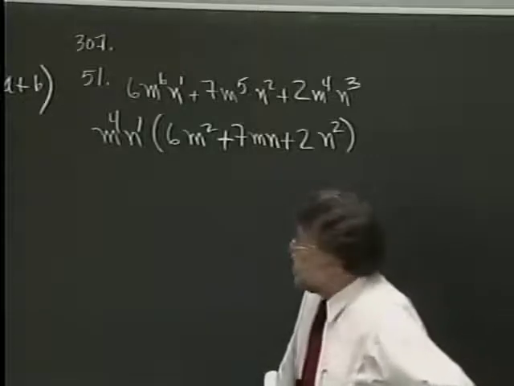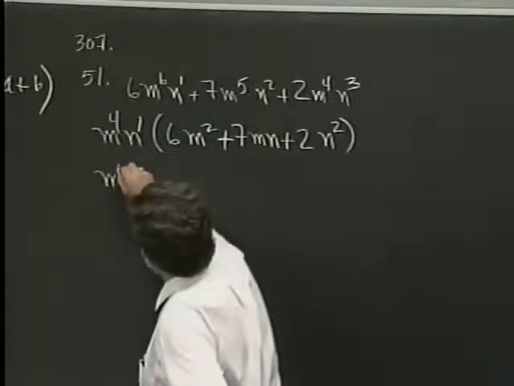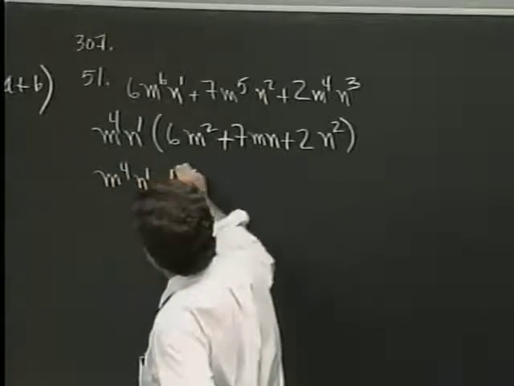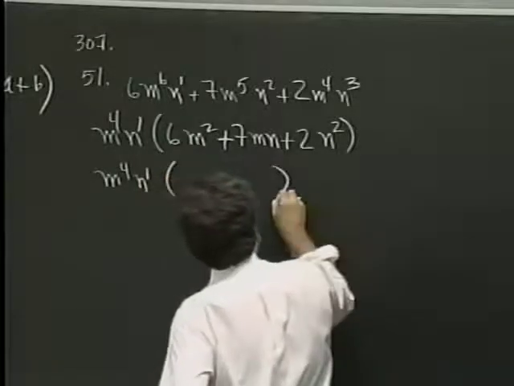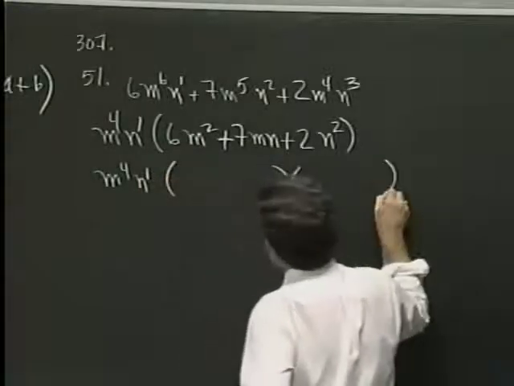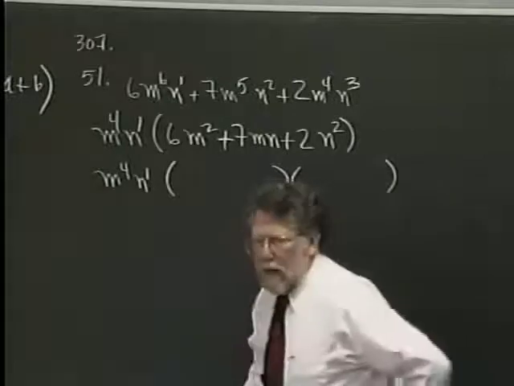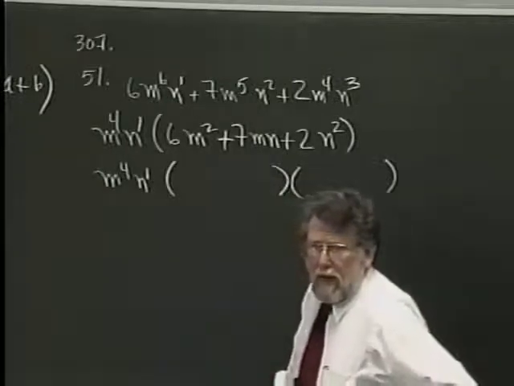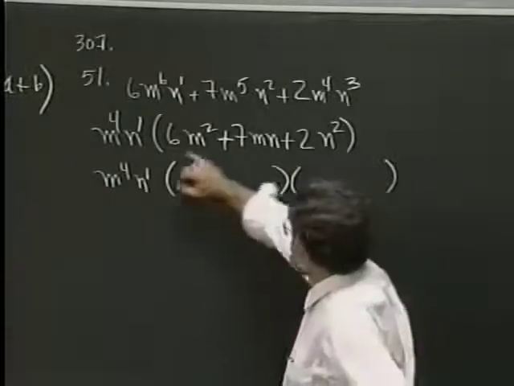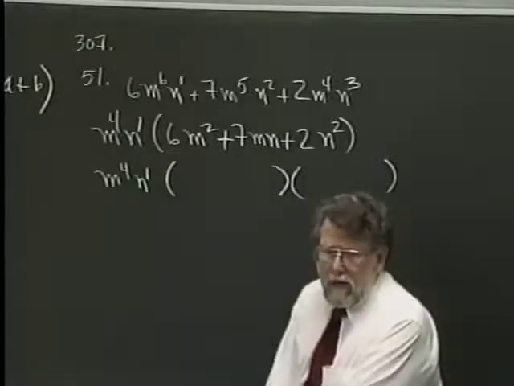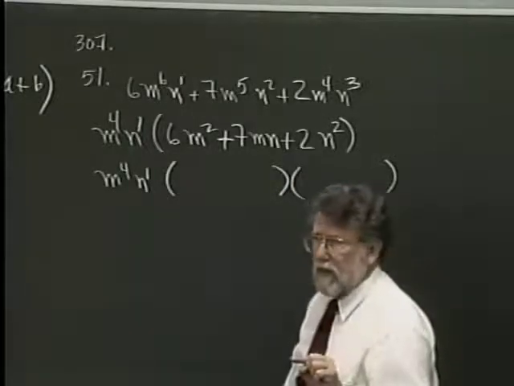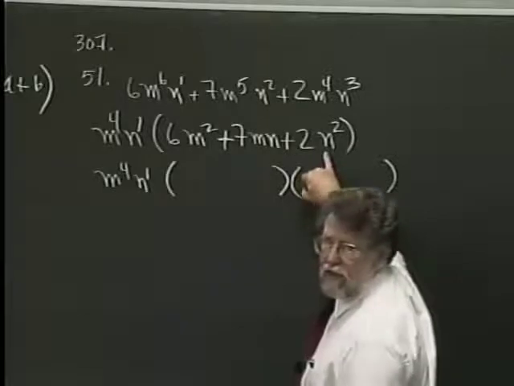We've got the GCF. Now I'm going to take the m to the 4th into the 1st, and now I know I want two binomials. The two binomials, when possible, take a look at any one, the first or last term, and ask, is it down to the point where you only have one choice? Only one choice for 2n squared.